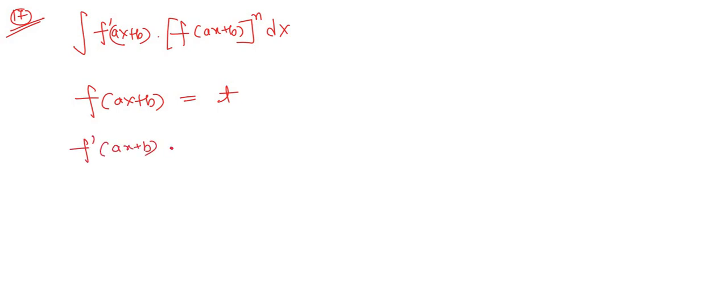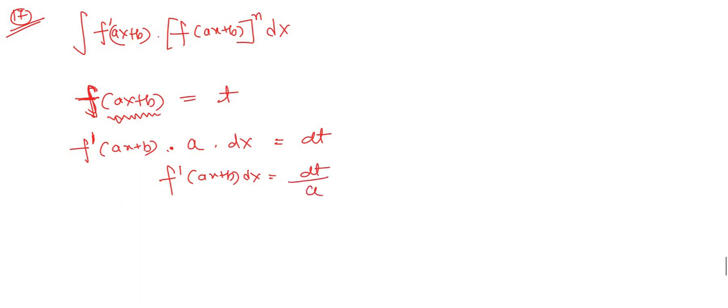Okay, and by chain rule, first I differentiated f, which is f dash, and by chain rule, what is the derivative of ax plus b? It is a into dx is dt, correct? So f dash ax plus b dx is dt by a, correct?